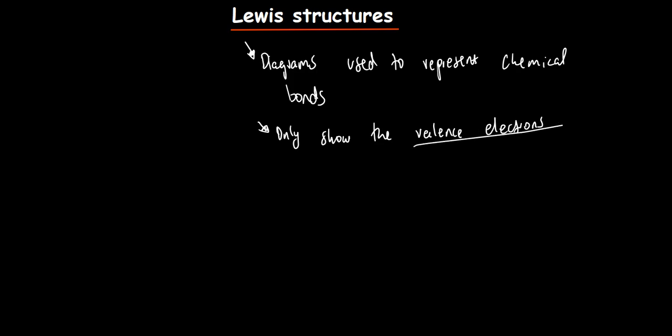Remember that valence electrons are the electrons in the outermost energy level, meaning in the last energy level. So remember that when atoms bond, they are only sharing, donating or receiving valence electrons, not the core electrons. They're only dealing with the valence electrons.